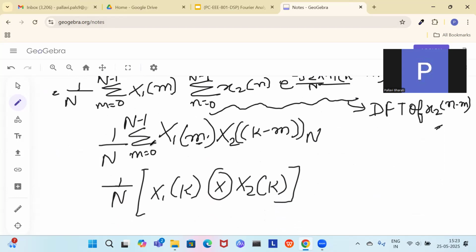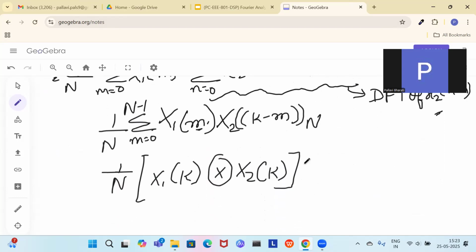Now this variable small m is basically the variable which has been time reversed and then shifted. So time reversed, shifted, and then finally we are having a summation sign also. So basically this whole thing is convolution. And since it is being done on a finite set of values, that is that n, we call it circular convolution.